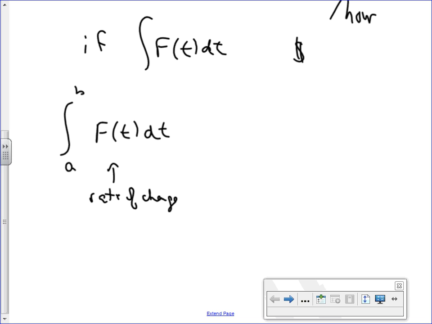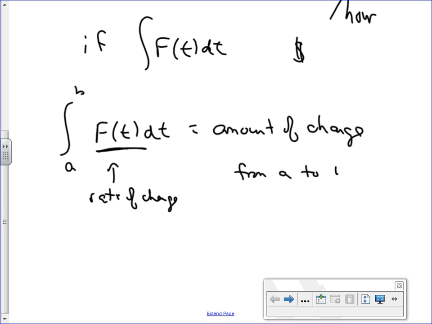So when this function right here is a rate of change and you do a definite integral, what that's going to give you is the amount of change, how much something has changed from A to B. And the units are going to be the same thing that they were up here. The units are going to be in dollars.